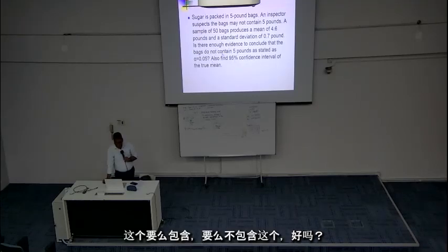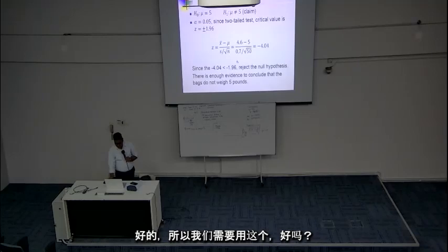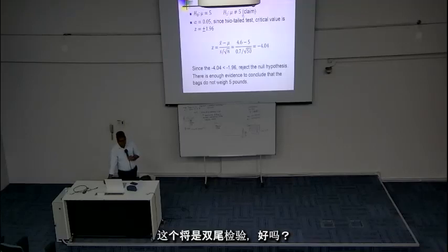Either it contains or does not contain, so this relies on the two-tailed test. So H0 is mu equal to 5, and the alternative H1 is mu not equal to 5. This one will be the two-tailed test.